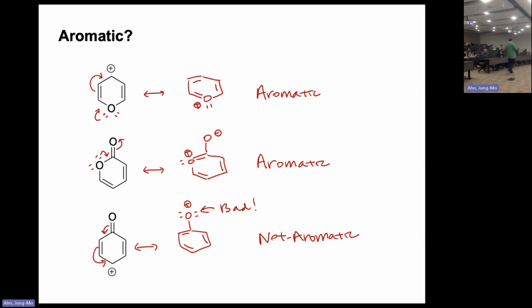That is not good for a second row element because the octet is a really critical thing for them. So you don't take electrons away from the oxygen. That is normally a bad thing to do. So this is not good, so this doesn't happen. So this molecule stays non-aromatic.